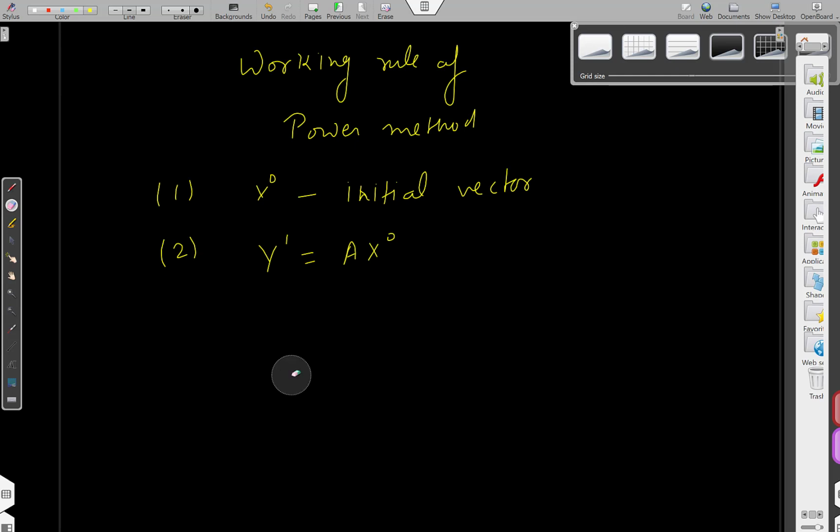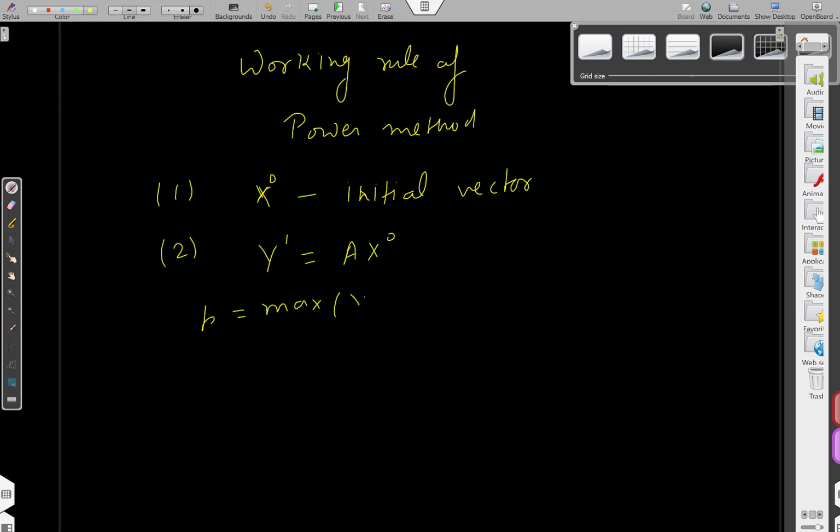After choosing this x0, what do we do? We will operate A on x0 and then we'll get a vector y1. Then compute the maximum value, let us suppose p. P is what?